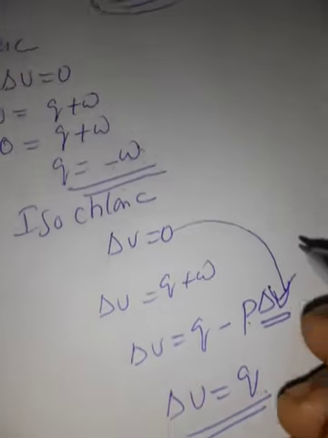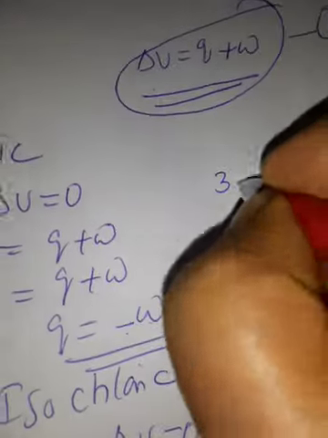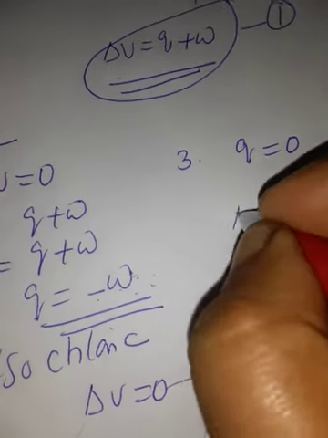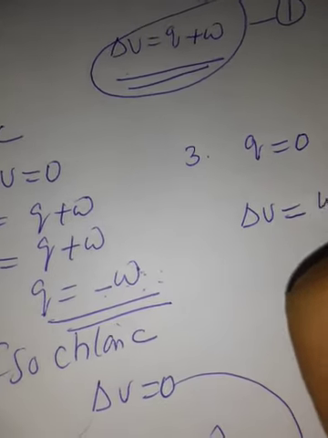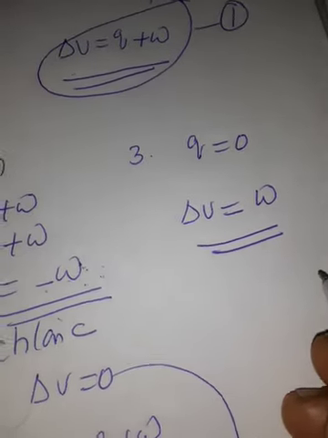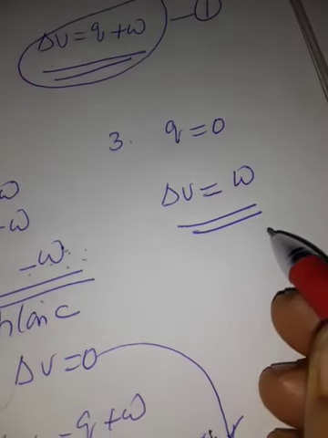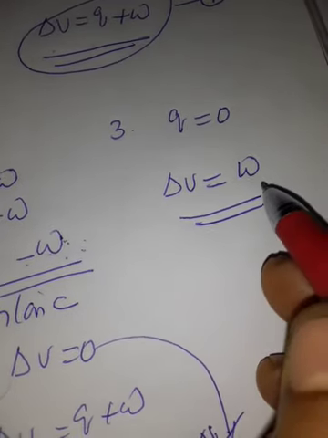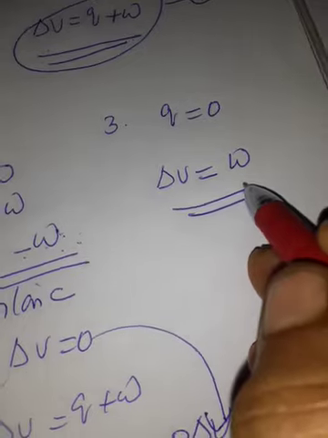Case 3: for an adiabatic process, Q is equal to 0. So del U is equal to W. In other words, in an adiabatic process, the decrease in internal energy is exactly equal to the work done by the system on its surroundings.